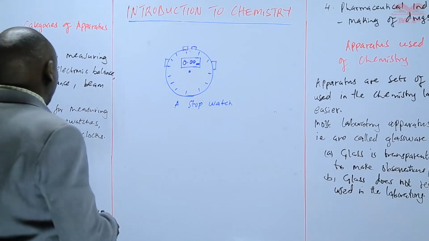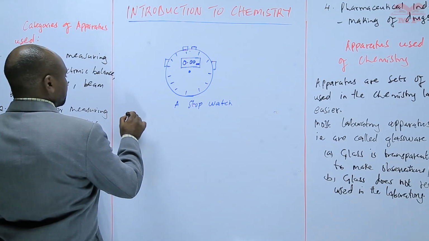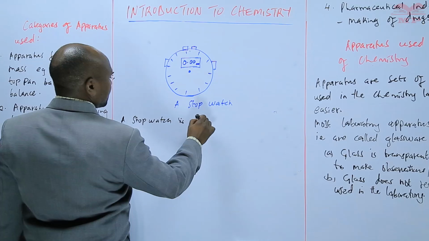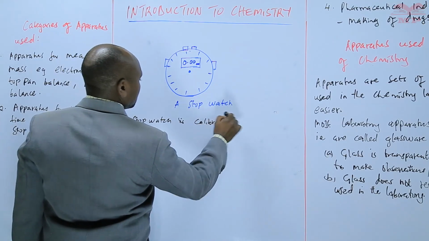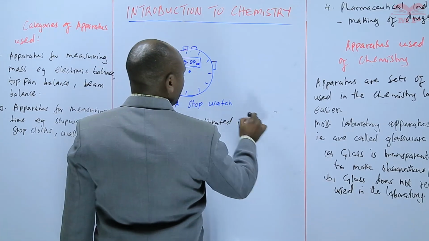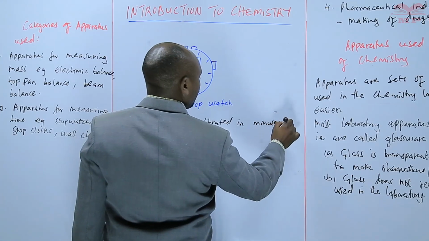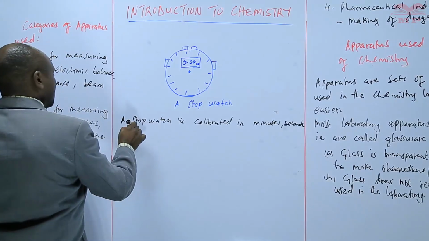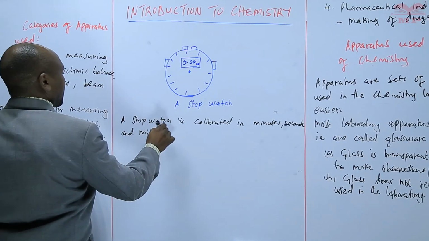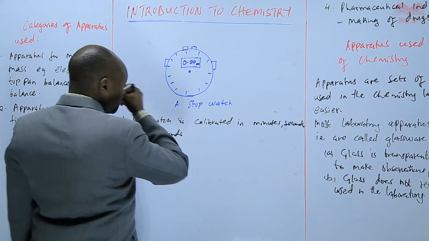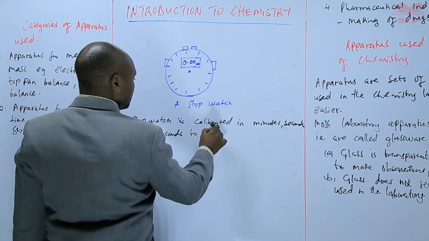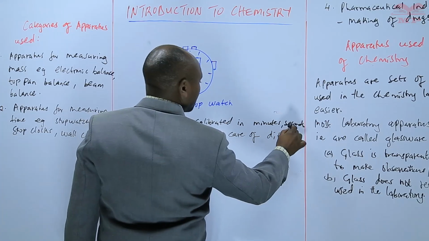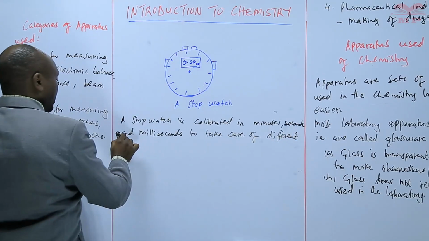So we can say that a stopwatch is calibrated in minutes, seconds, and milliseconds to take care of different rates of reaction.